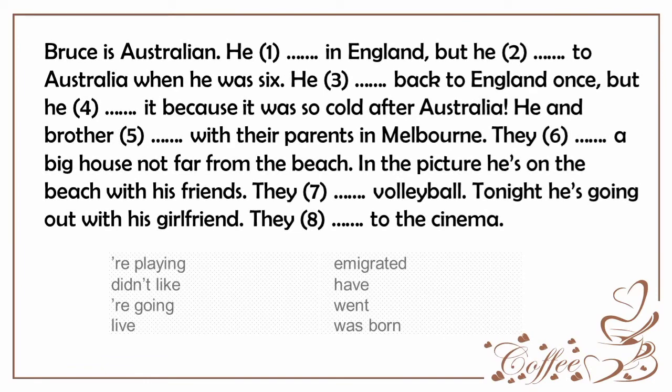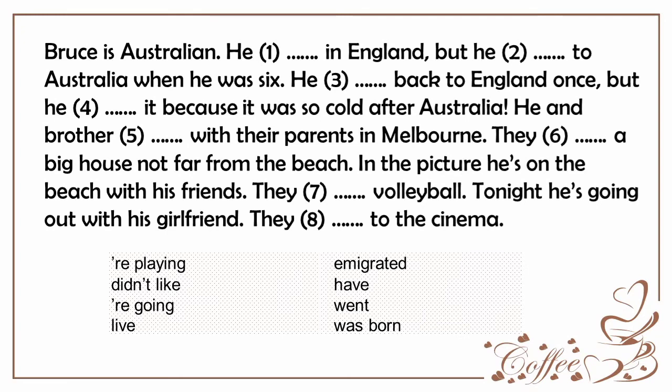Bruce is Australian. He 1. in England, but he 2. to Australia when he was 6. He 3. back to England once, but he 4. it because it was so cold after Australia. He and his brother 5. with their parents in Melbourne.